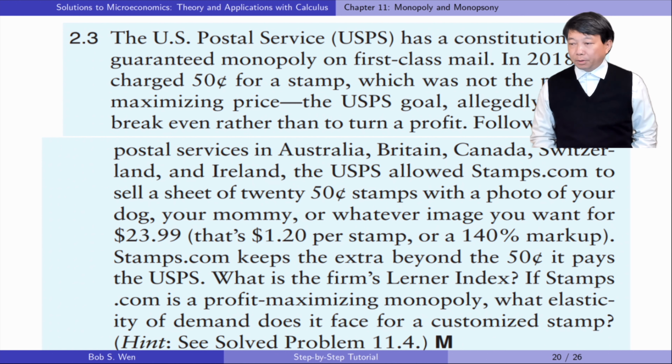Let's find answers to exercise 2.3. We know the stamp's marginal cost and the price. What is the firm's Lerner index? If it is a profit-maximizing monopoly, what elasticity of demand does it face for a customized stamp?